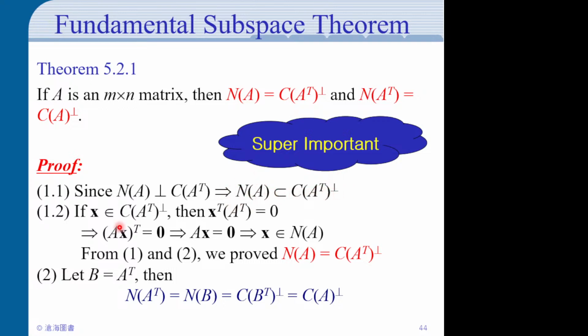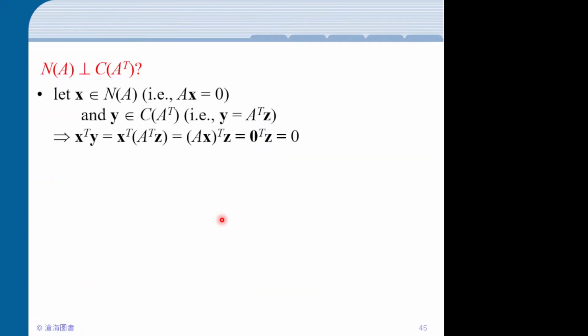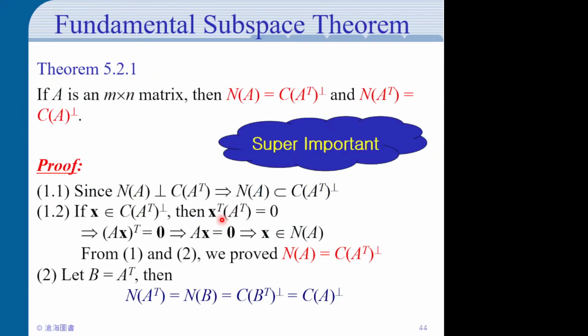Okay, so we have some x that's inside this C of A transpose perp, and by definition that means, okay, this is not actually by definition, but here we don't have an algebraic proof.